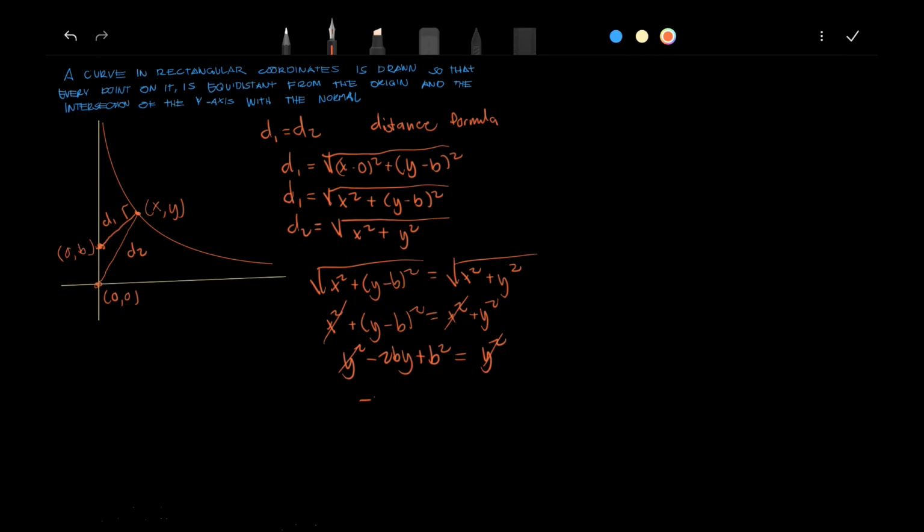Now we will be left with negative 2by plus b squared is equal to 0. Now we can just transpose that and say that b squared is equal to 2by, and simplify, you can say that b is equal to 2y.